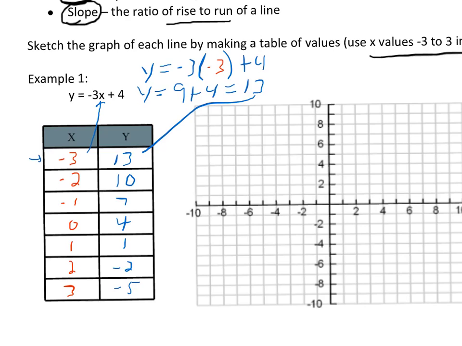When we plot those points, we cannot plot -3, 13 because we'll be up here somewhere. We can plot -2, 10, -1, 7, which will be about here, 0, 4, 1, 1, 2, -2, and 3, -5.